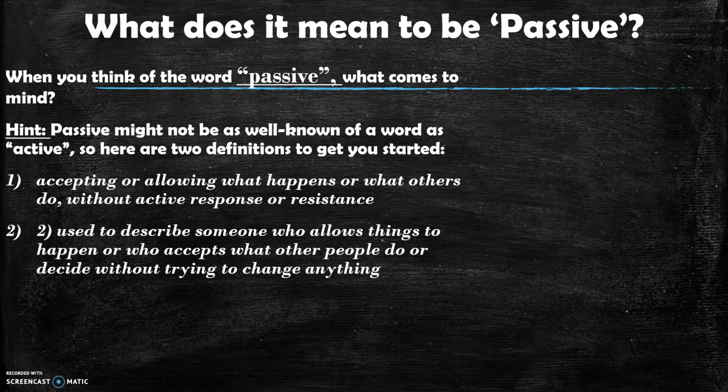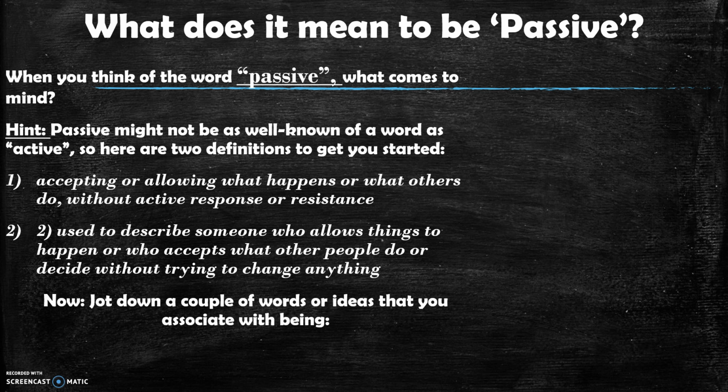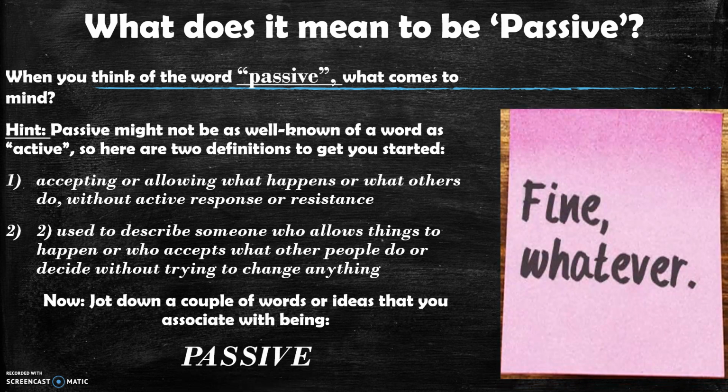So typically when you are passive, or if you are reading a passive sentence, it is the subject who is receiving the action as opposed to the one who is doing the action. So I want you to jot down a couple of words or ideas that you associate with being passive.